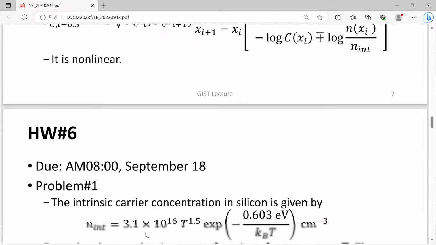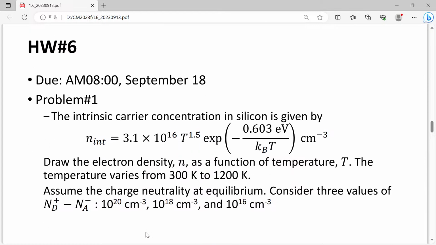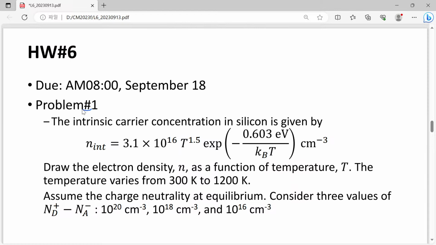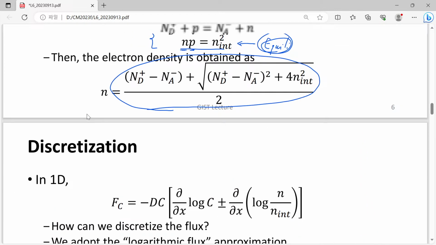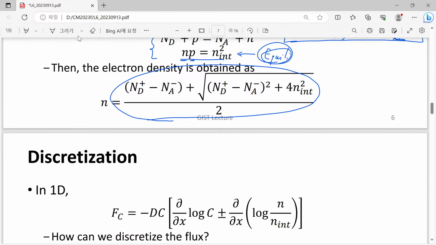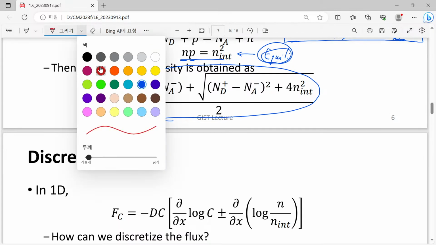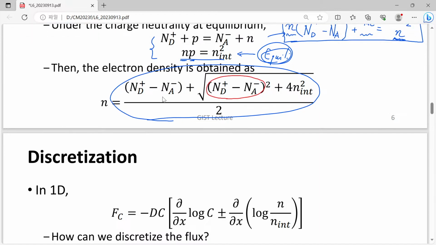So now talking about this one. Now you have a homework. Your homework number 1 is like this. In order to calculate the electron density under the charge neutrality condition, you have to know the doping concentration.